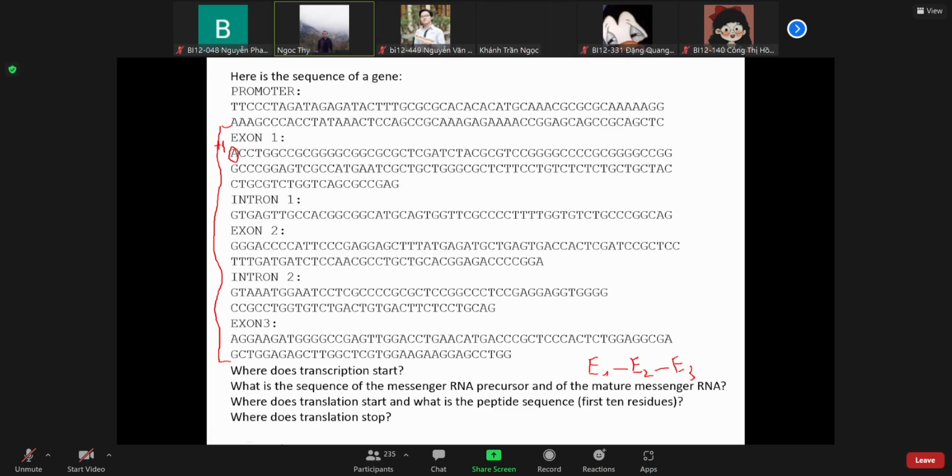So where does translation start? Translation starts on the AUG. So we come from the transcription starting site, we scan in here until we reach the AUG, or ATG, on the sequence. So the first ATG. I found the index is 68 or 69, depending on whether the string is 0-indexed or 1-indexed. I use Python to do it.